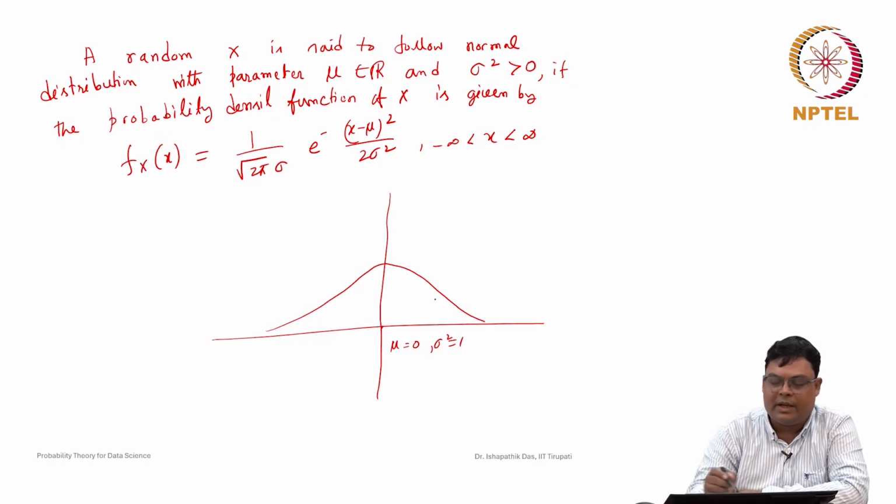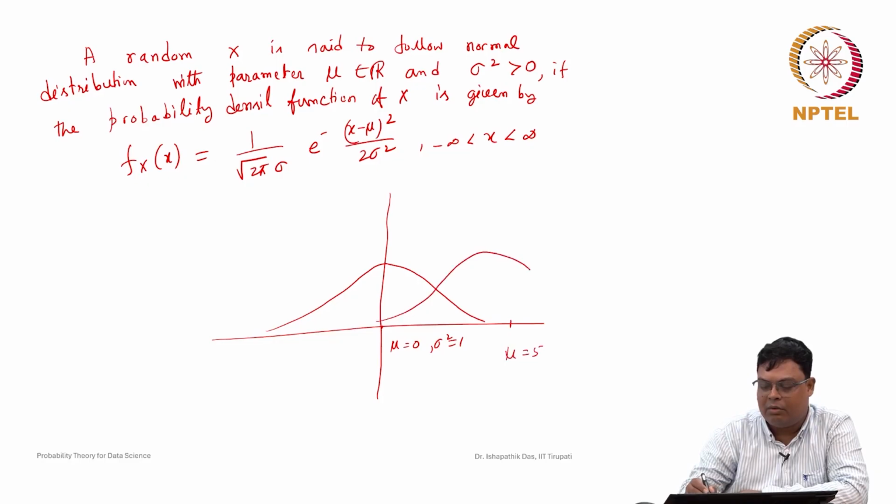Now, if you change the mean, suppose mu is equal to 5, then the curve looks like this. It is not correctly drawn, but it will be symmetric around this line, with the maximum value there.